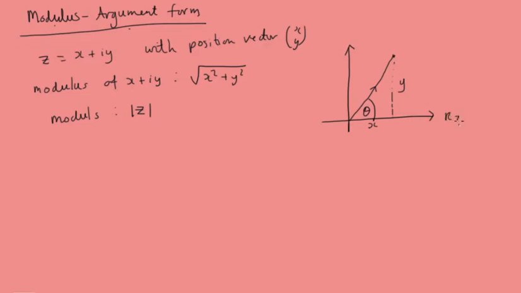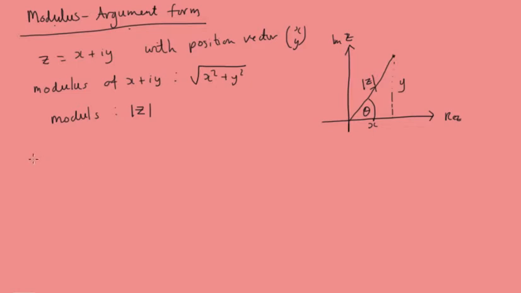So this is our real z and our imaginary z. So we take our x and y from the Cartesian form, and now we have our value of the modulus, which is going to give us the length here. So this is going to be our modulus of z, and now we need to define the argument.